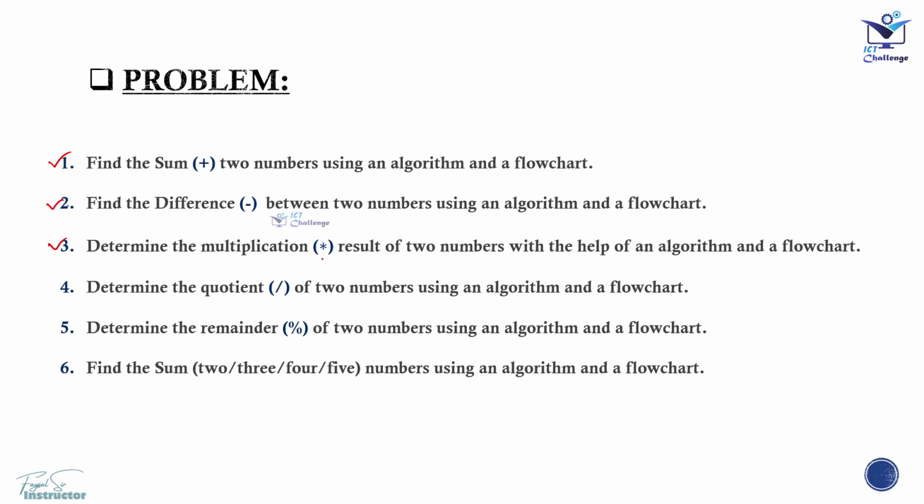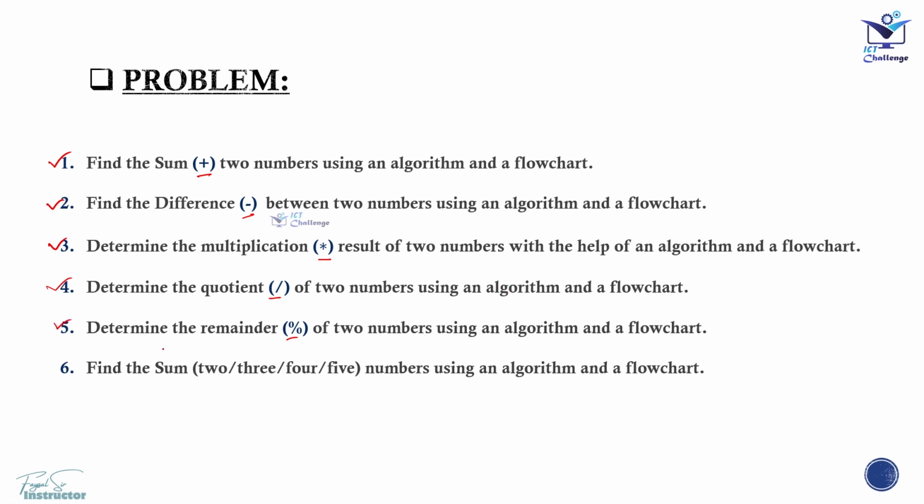Here we give the sign after the question, but in your exam paper we will not have this kind of sign. Okay, so determine the quotient of two numbers using the algorithm and flowchart. Here we have to find the division result, which is called the quotient, and we have to find the algorithm and flowchart for those problems.